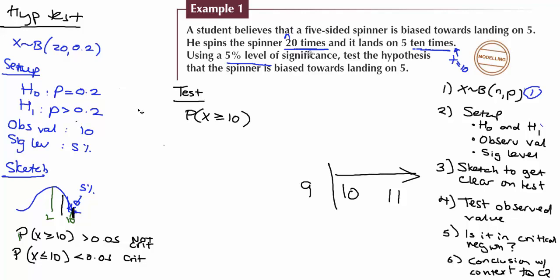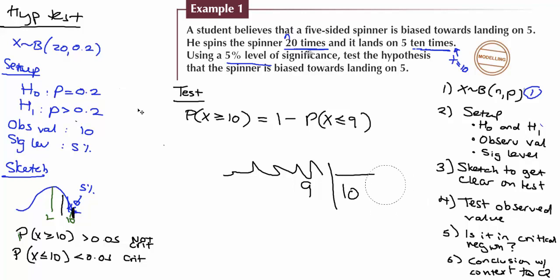So the probability of greater than or equal to 10 is going to be 1 minus all of these numbers. So X less than or equal to 9. Okay. All right, so let's find that out. So let me fire up the calculator.